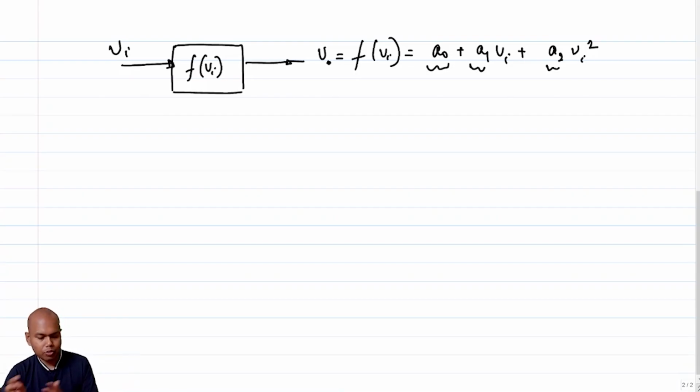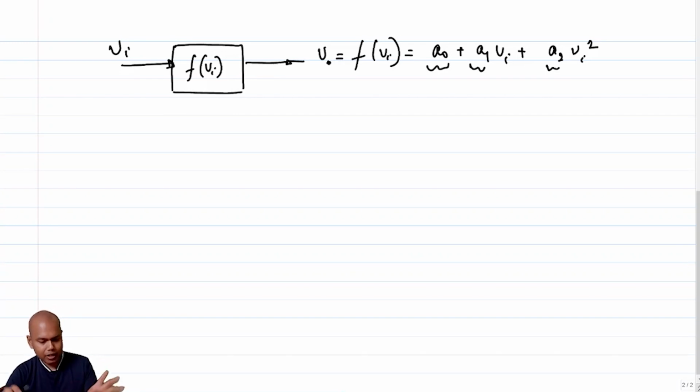The A1, A2 are, by the way, not exactly the same as Taylor series coefficients. What I mean is they are not exactly what you will get by differentiating f of Vi, but we understand that if I expand f of Vi into a Taylor series, I am going to get a constant term, a term proportional to Vi, a term proportional to Vi squared, then Vi cube, and so on till infinity.